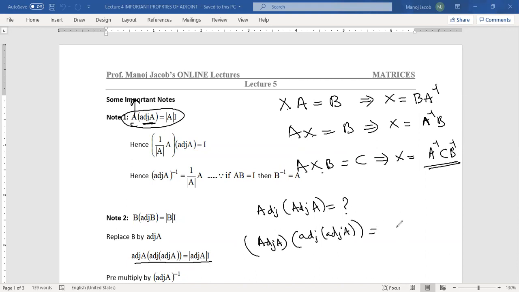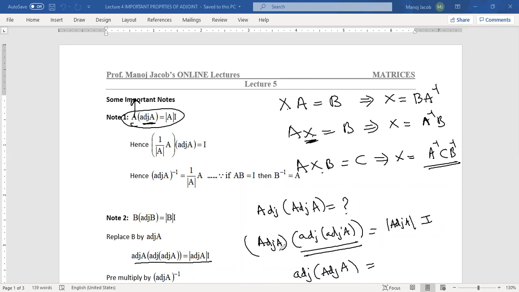And I got determinant of adjoint of A into I. Is this clear to everybody? Yes, sir. Now make this the subject, like this one. Make this the subject.